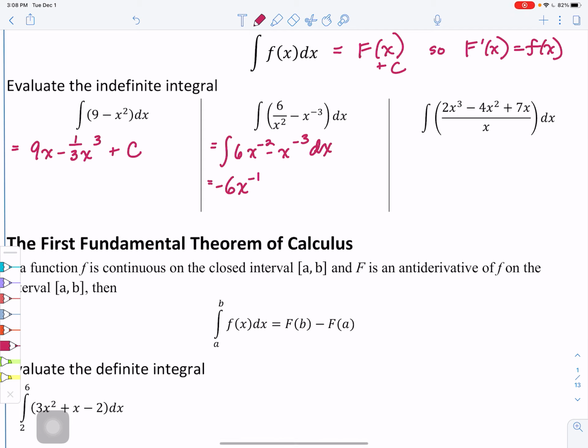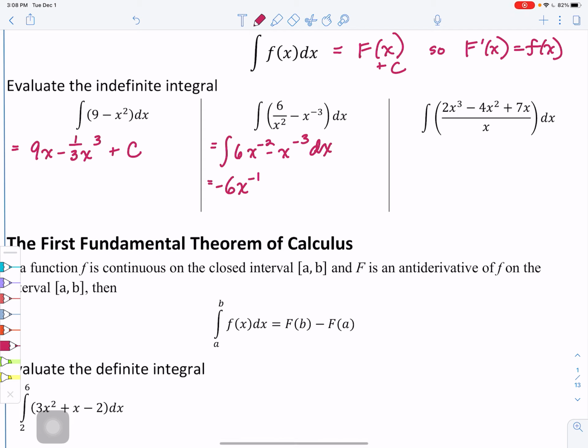Okay, so I now introduce the first fundamental theorem of calculus. This is also known as FTOC1. Okay? And basically it goes like this.